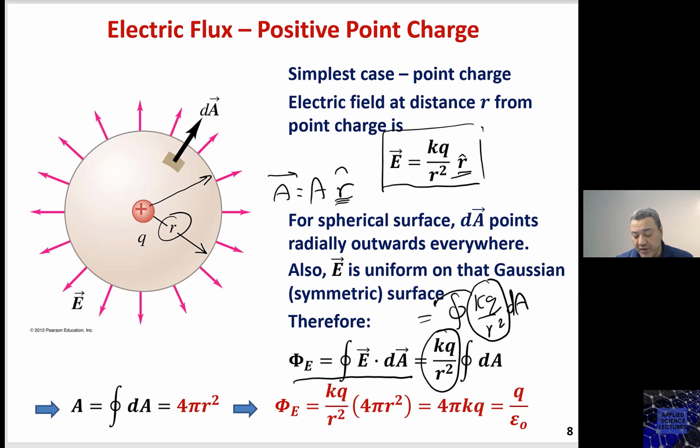And now I'm doing the closed surface integral for a differential surface, which for that sphere is going to give me A as the surface of the sphere. So this is the integration of dA, and this is going to give me the surface of the sphere.